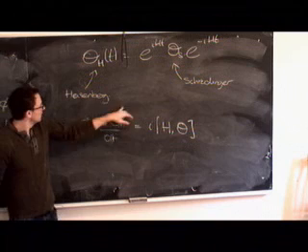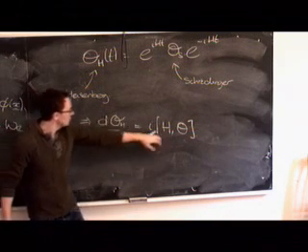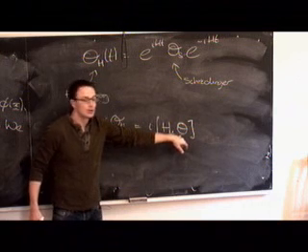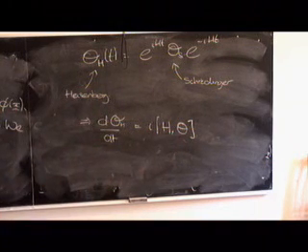And then the equation of motion obeyed by the operator in the Heisenberg picture is just that you commute H and O. So is this familiar? Did Malcolm cover this stuff? Yeah.